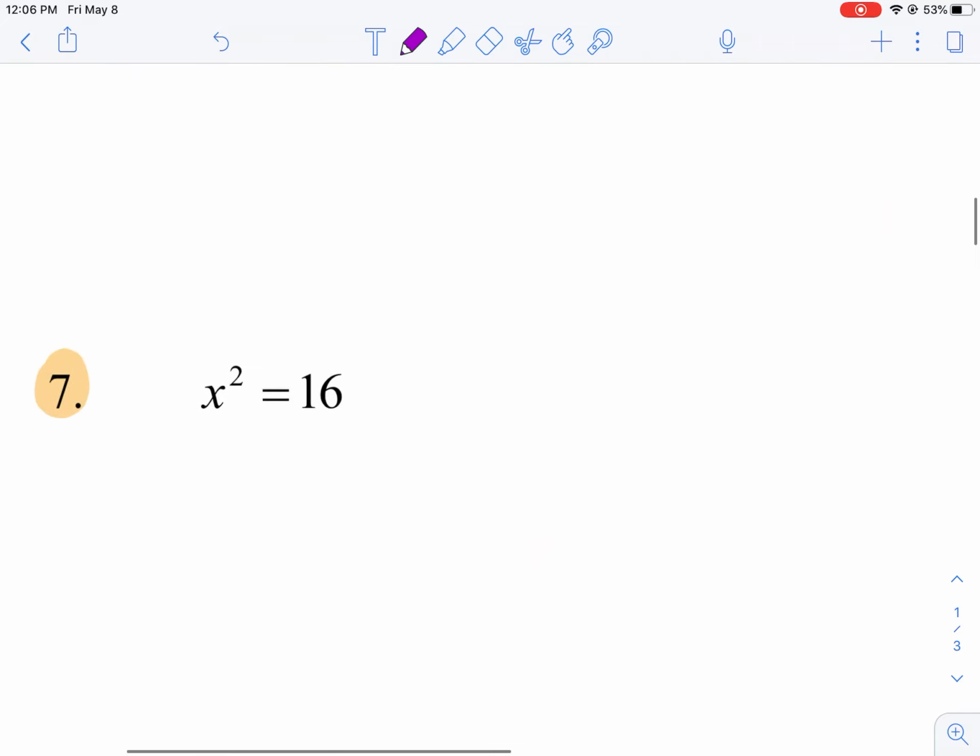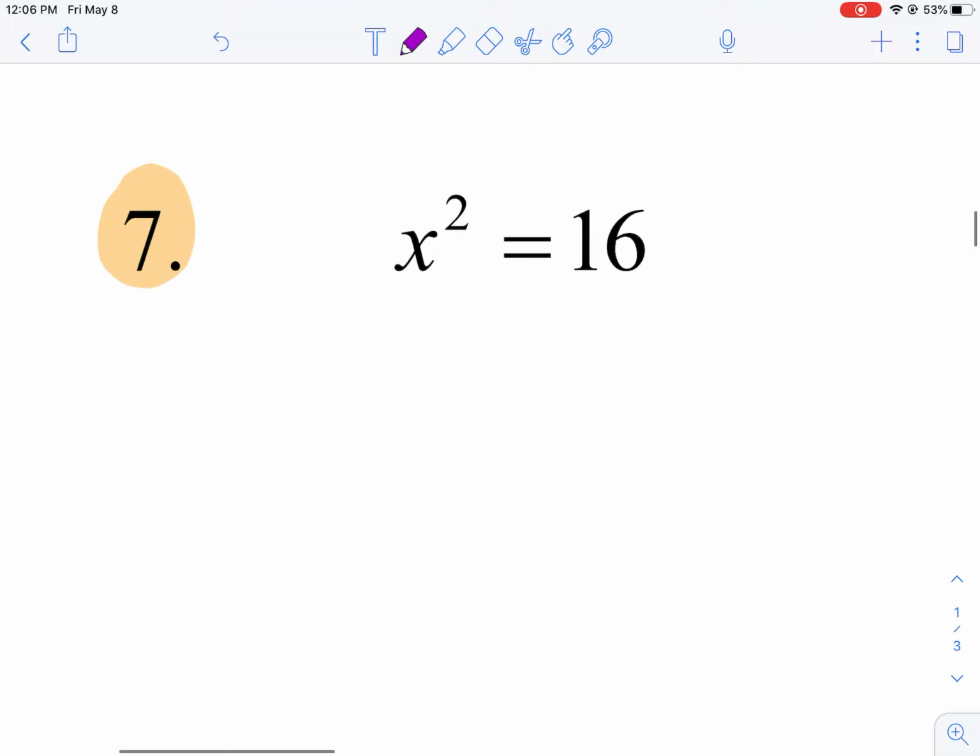All right, and last one, a quick little easy one. Try that on your own real quick. When you move your 16 over, we should get x squared minus 16 equals 0.